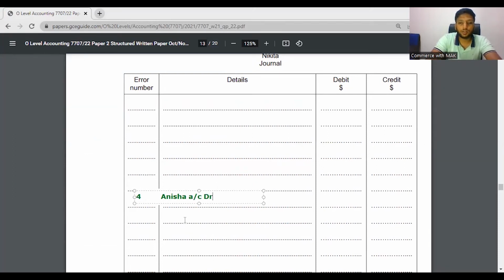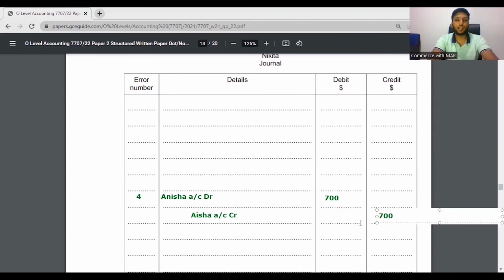Then what account credit? Anisha account credit. So I'll write here 700 on both sides, 700 on debit and 700 on credit. Easy as that, guys. So if you can understand how to write a narrative, you will never go wrong.